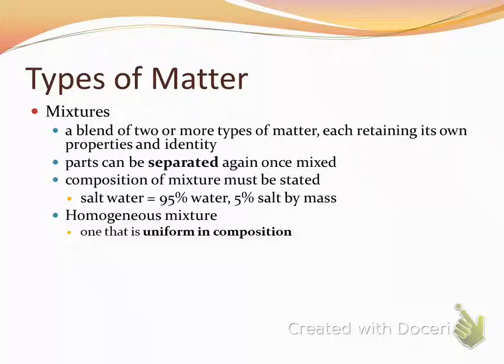So what does it mean for objects to be uniform? Same amount. Yeah, it means the same, right? So for something to be considered uniform, that means everything is the same. If we have a mixture that is uniform in composition, that means the entire sample of solution should look the same, all the way through it, all the way up, all the way down, nothing sticking out, no chunks of anything, things aren't falling to the bottom of a solution. It's the same throughout. That's what a homogeneous mixture is known to be.